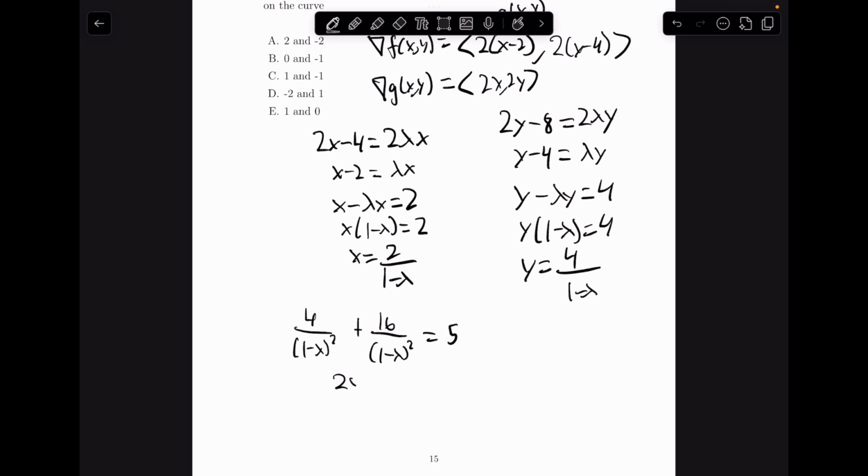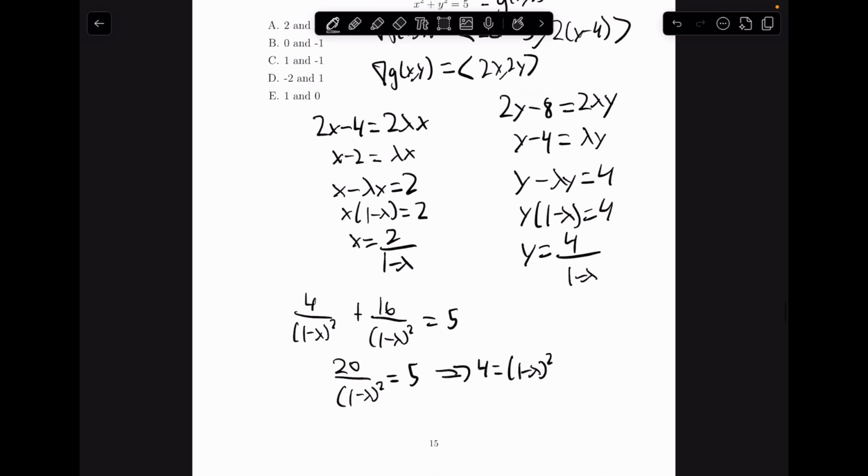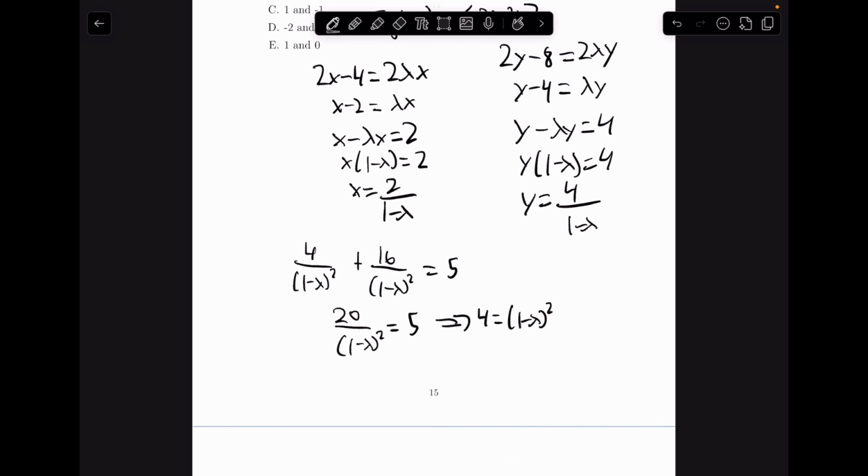We're going to get 20 over 1 minus lambda squared is going to be equal to 5. And that means we're going to get 4 equals 1 minus lambda squared. So if we square root both sides, we're going to get 2 equals, well, plus or minus 2 technically, 1 minus lambda. So we have lambda is going to be equal to 3 in the negative 2 case, and we're going to have negative 1 in the positive 2 case.